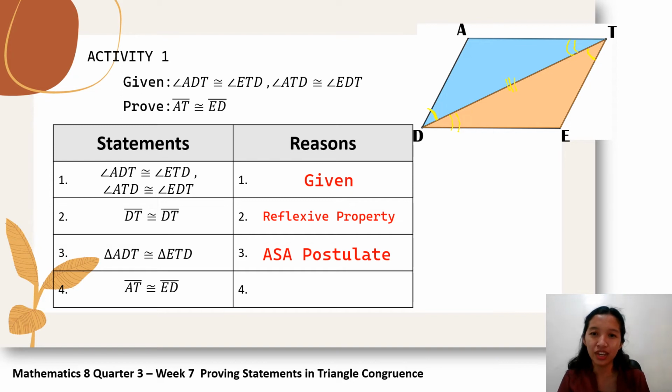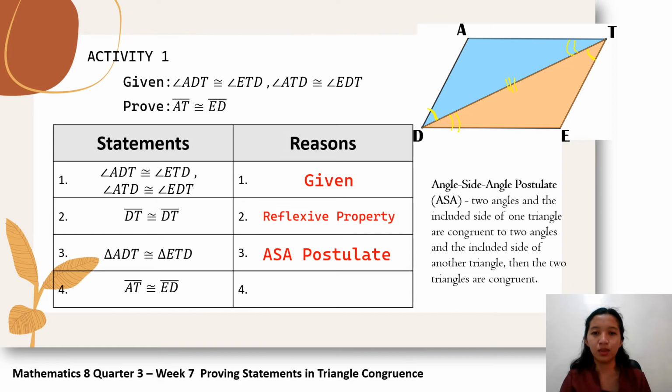Because as you can see on our figure, we have angle, side, angle in our first triangle, and in our second triangle you also have angle, side, angle. So the ASA postulate says that two angles and the included side of one triangle are congruent to two angles and the included side of another triangle, then the two triangles are congruent.